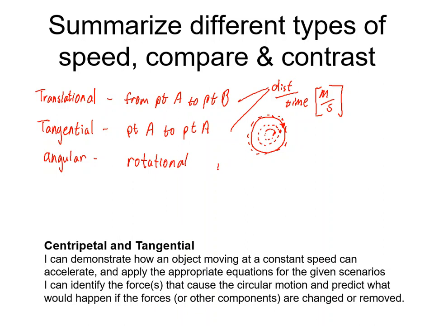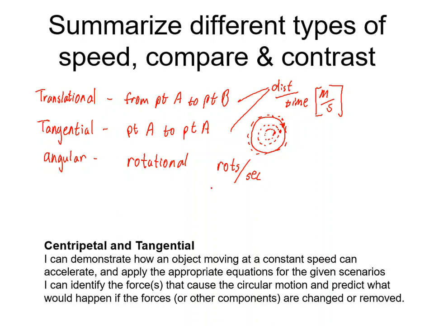We're normally going to just say rotations per second. Okay, so units are going to be different. It's not distance over time, it's angle per time. So you can do rotations per second. When you go into AP Physics C, you will learn more about radians per second. Very closely related to rotations per second, but just a little bit different.